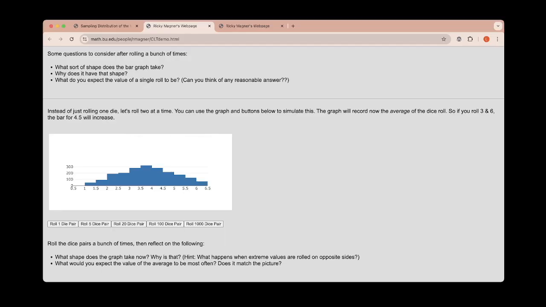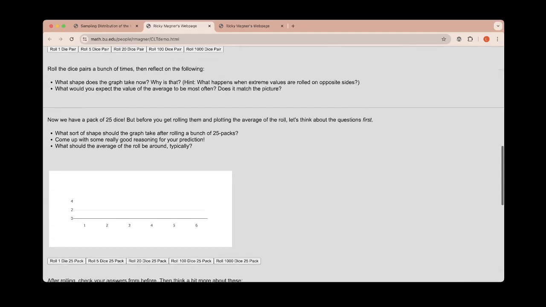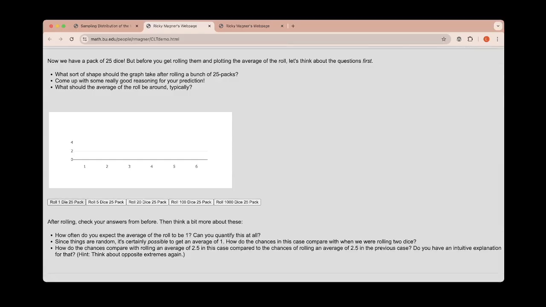So we've done this for a single die, for a pair of dice, and now let's do it for a group of 25 dice. We're going to roll a pack of 25 dice and take the average. So again, I'm not just getting numbers 1 through 6. This is the average of 25 rolls. And if I do this a whole bunch of times, this also looks pretty normal.